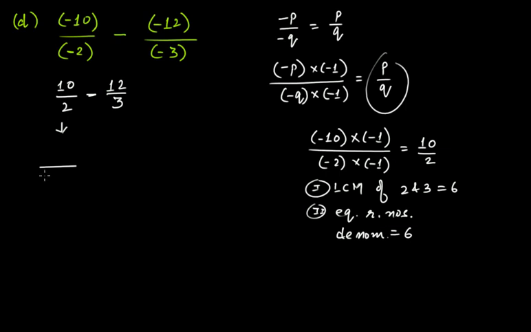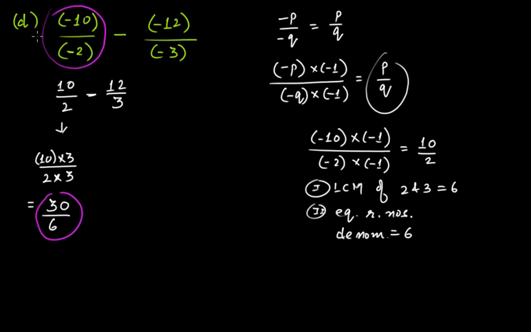So find here, what number should we multiply 2 with, that is the denominator, so that the denominator comes as 6? Clearly with 3. So you have to multiply the numerator also with 3, and this gives you 30 over 6. So this 30 over 6 is the equivalent rational number of minus 10 over minus 2, having the denominator as 6.